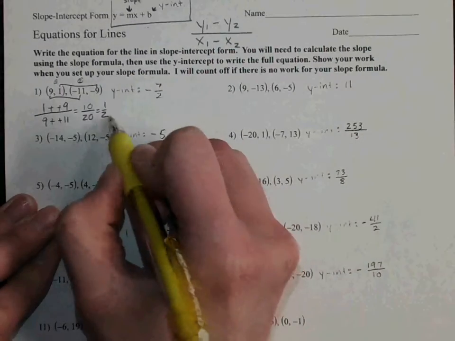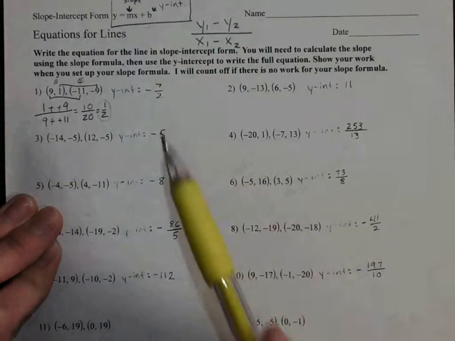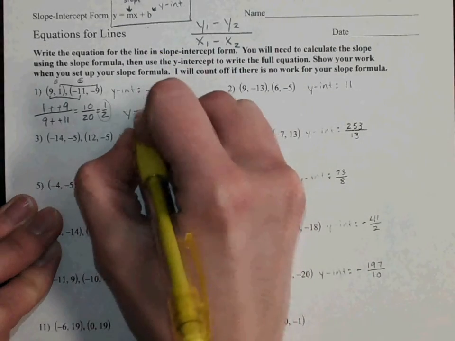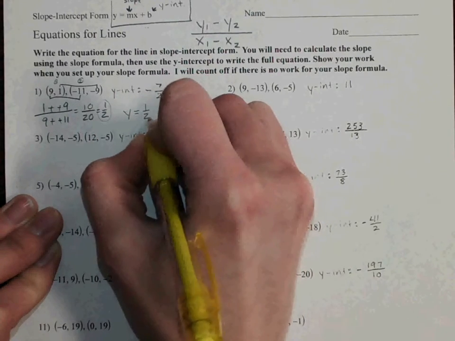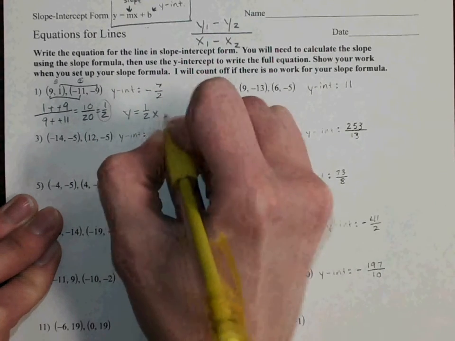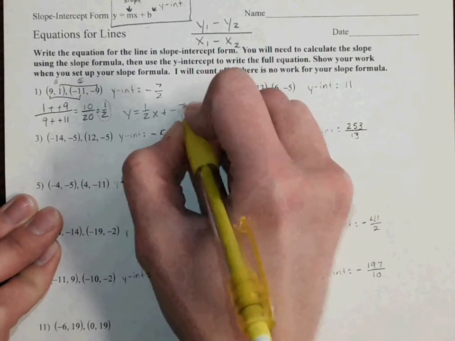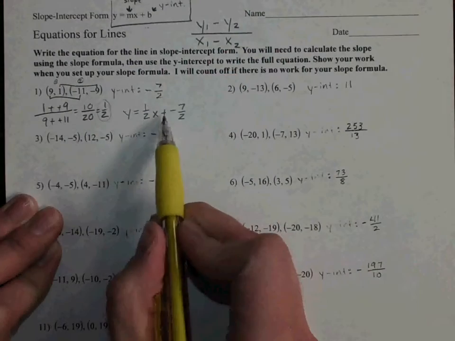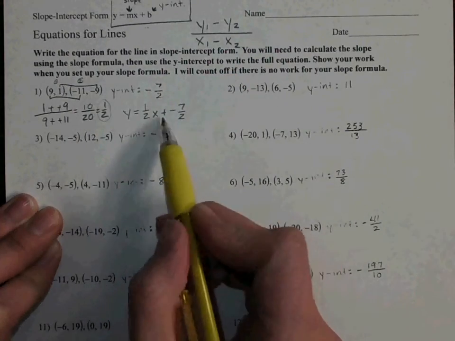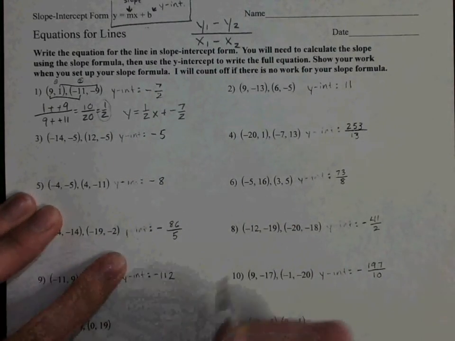So now I have my slope, and I need to write an equation in slope-intercept form. y equals, my slope goes first, smushed up next to the x, plus my y-intercept that I've given you here, negative 7 over 2. If you want to write minus 7 over 2 instead of plus a negative 7 over 2, that is just fine with me. It means the same thing.